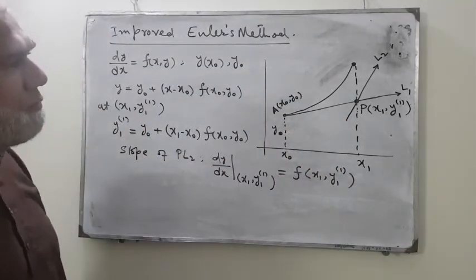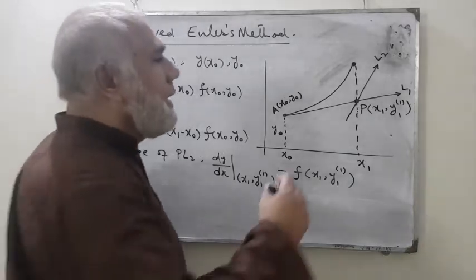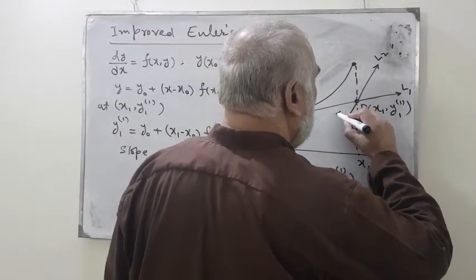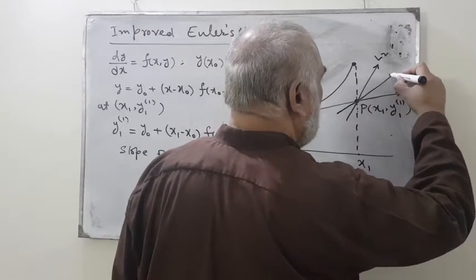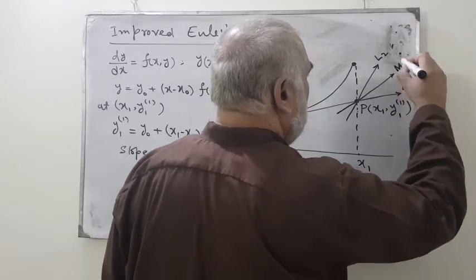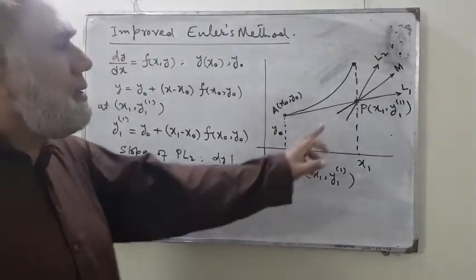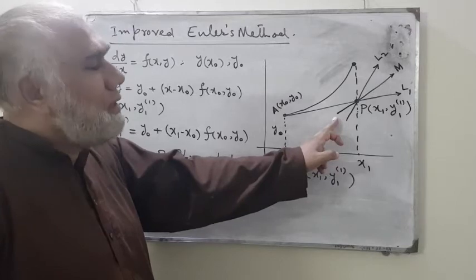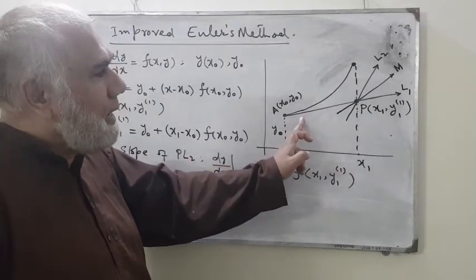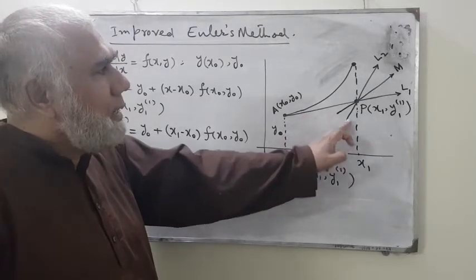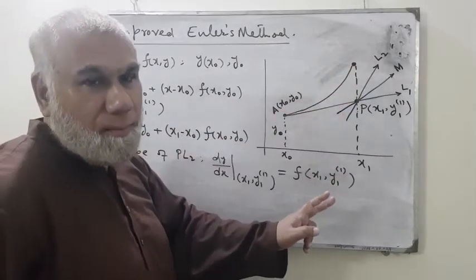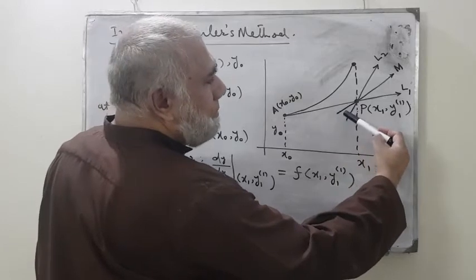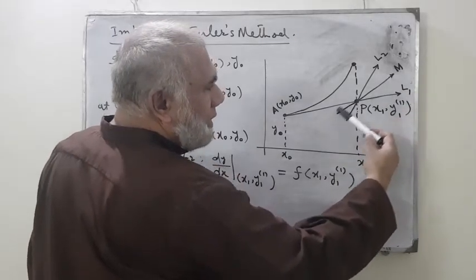After doing this, next we draw one more line, going like that, and we call it PM. And PM is a line whose slope is the average of the two slopes of AL1 and PL2. I repeat: the line PM, this is the line which I am talking about.